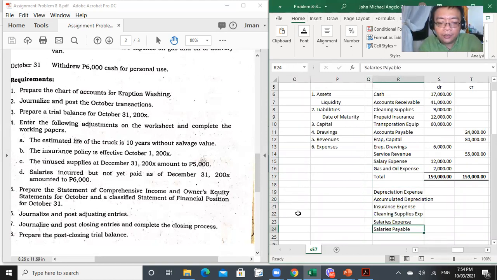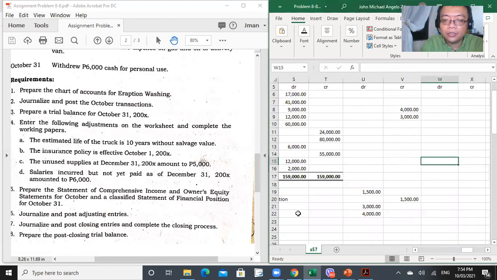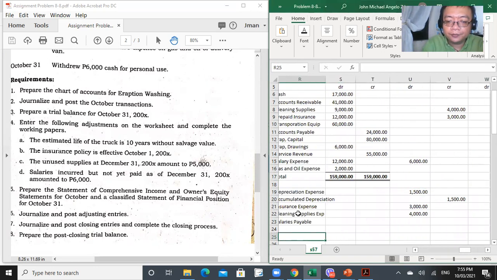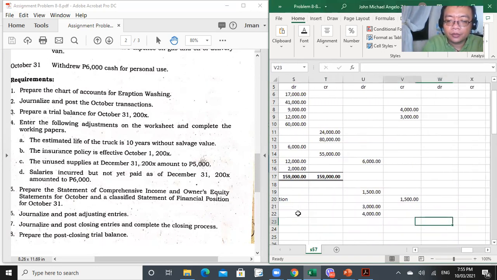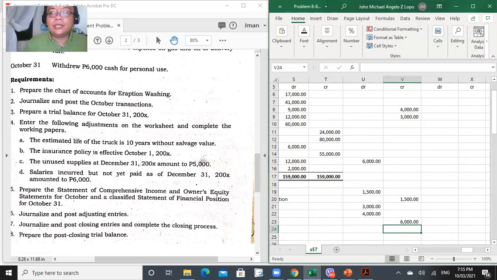So I will not. Okay. So you have here salaries expense of 6,000. So I will put 6,000 here, and also you have here 6,000. And all right, after that, we are done. So we are done in terms of our adjustment.